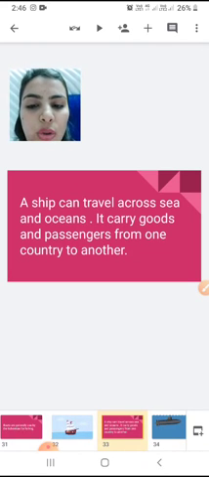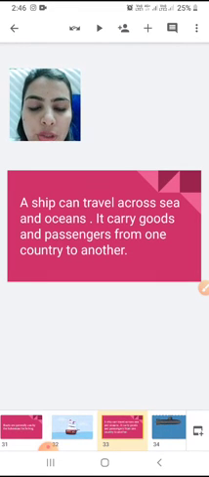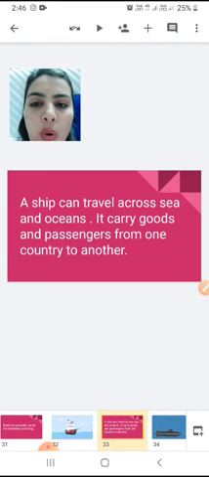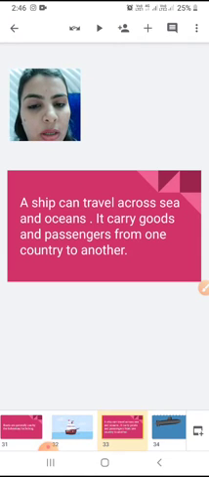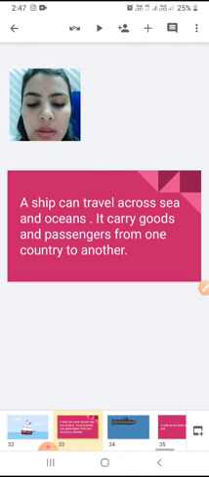It carries goods and passengers from one country to another. Whenever we want to go from one country to another, we can also use a ship. But ship is the slowest means, which is why most people usually use aeroplanes.